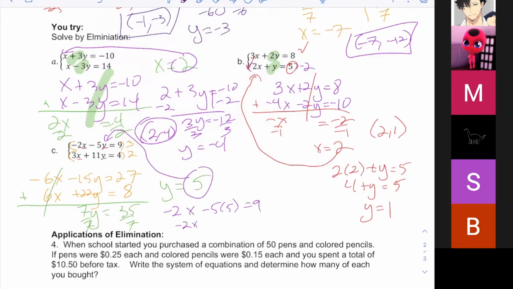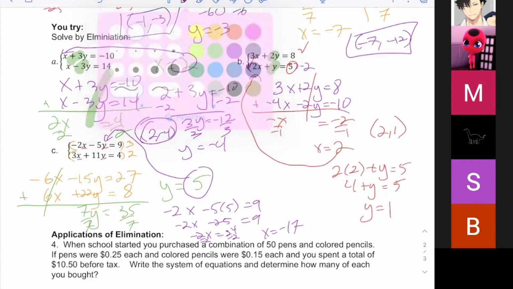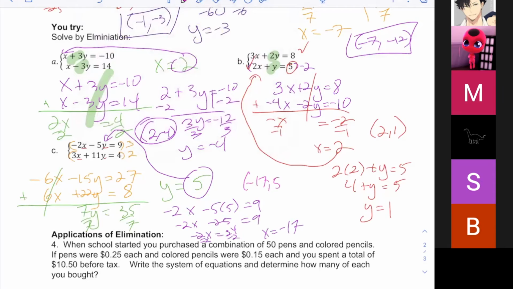Negative 2x minus 25 is equal to 9. Negative 2x, add 25 to both sides, is 34. Divide by negative 2, divide by negative 2, x is equal to negative 17. So now my solution is negative 17, comma 5. And if you check that, it works.